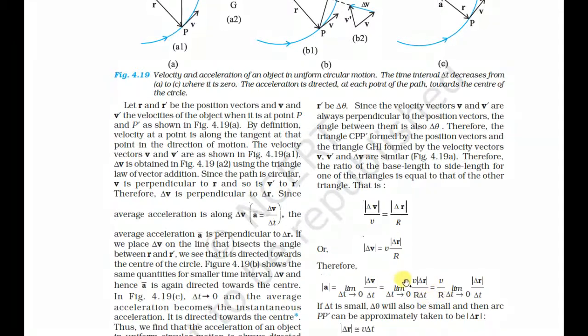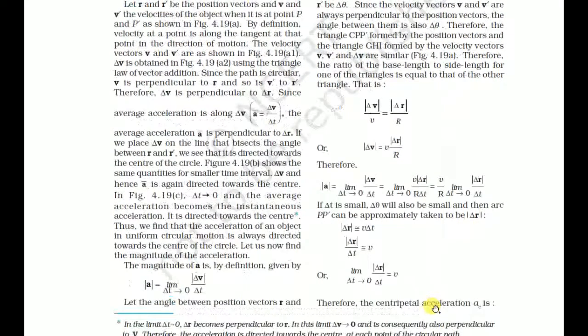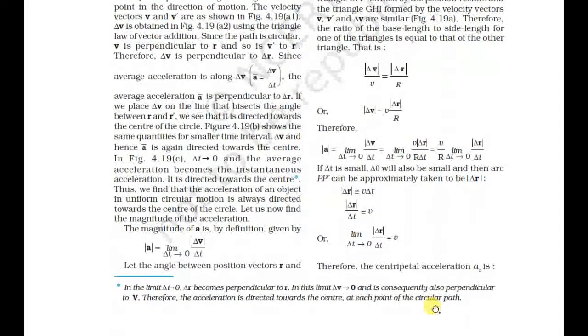The v and R are constant terms, so we get v upon R times the limit as delta t tends to 0 of delta r by delta t. If delta t is small, the arc PP dash can be approximately taken as delta r equal to v into delta t. So delta r upon delta t is equal to our velocity v.